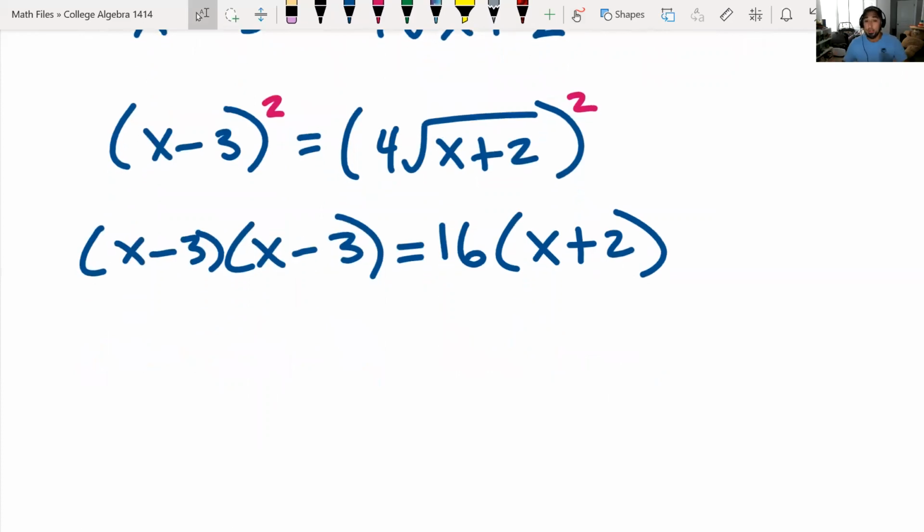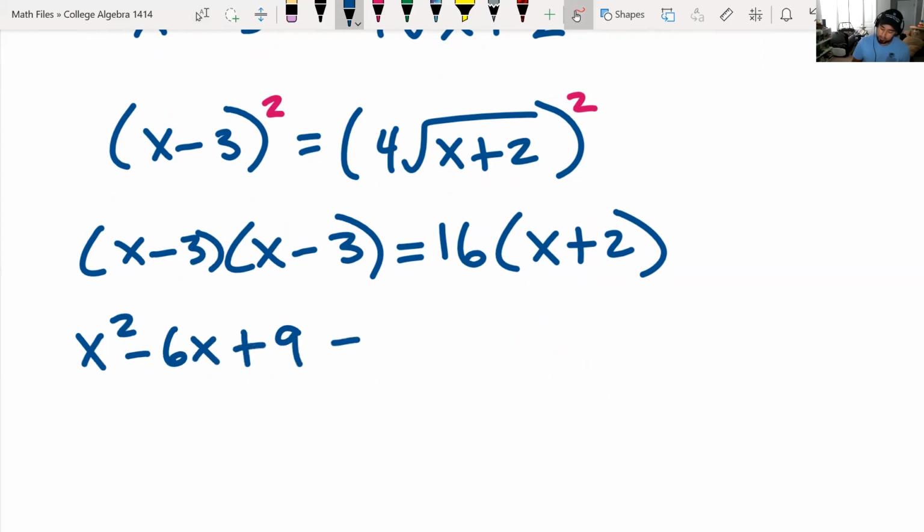Okay. So now, still lots of cleaning up to do, right? FOIL the left, distribute the right. We're almost home. x squared minus 6x plus 9, 16x plus 32.